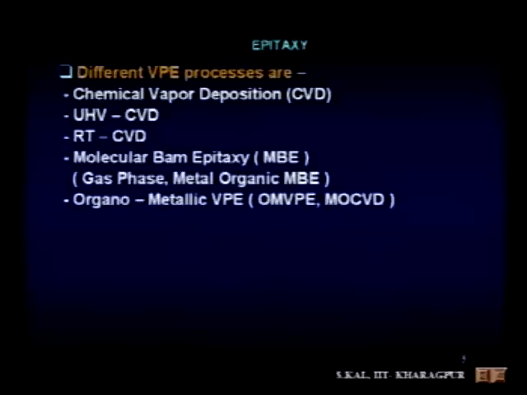And another is organometallic VPE, or known as OMVPE or MOCVD. Organometallic VPE is OMVPE, MOCVD is metallo-organic chemical vapor deposition. You can see here all are deposition techniques. Here epitaxy is another name you can get, deposition.